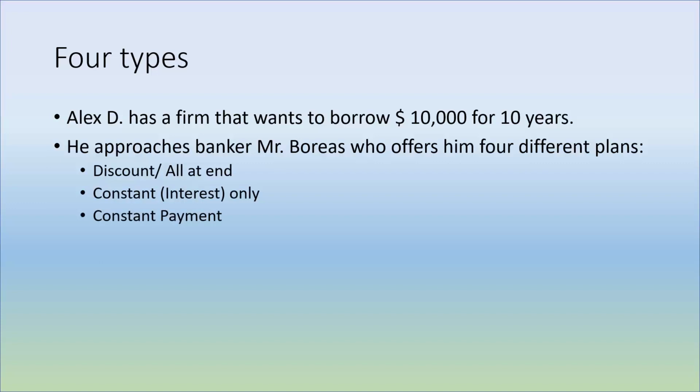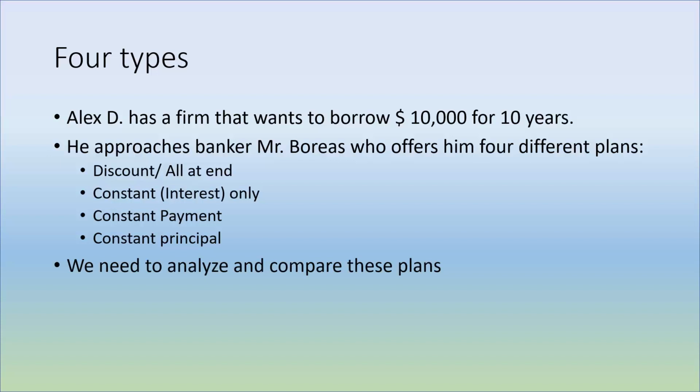And then there is a constant payment loan in which the payments are such that some principal and all the interest is paid as we go along, in order for that loan to completely become zero towards the end. And then there's a constant principal loan in which the loan is broken down into equal pieces, and those equal pieces are paid off as we go along with the interest that is accrued. So let's look at the numbers behind these loans now.